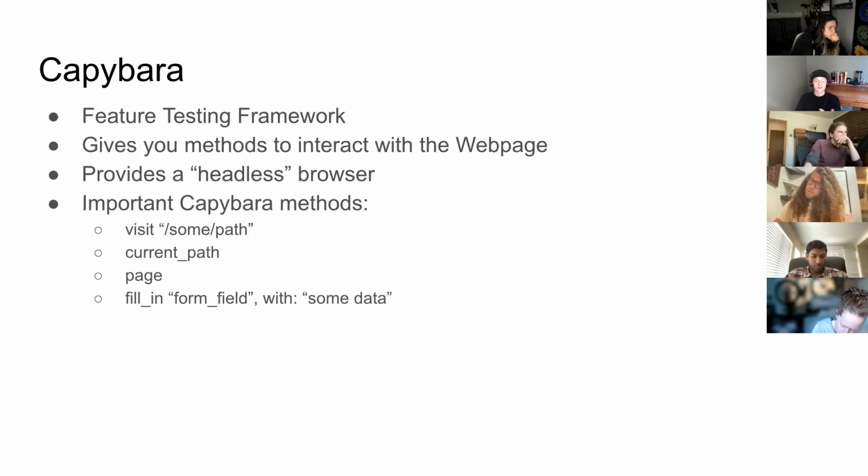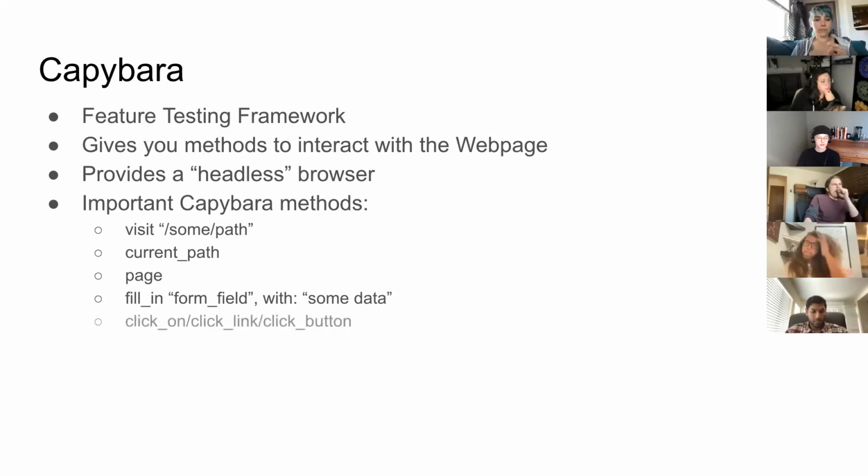These are just some examples of things we would expect to do in our feature tests, and the documentation will go through these in a lot more detail. So there's click on, click link, click button, all things that Capybara gives us. Have content I mentioned earlier. So a very common one is expect page to have content or expect page to not have link, that kind of thing.